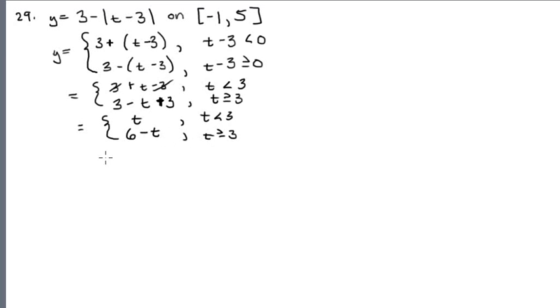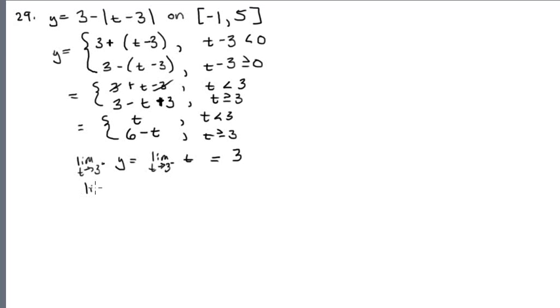As I approach the limit as t goes to 3 on the left, y is going to be the same as the limit as t goes to 3 on the left of just t, which is equal to 3.